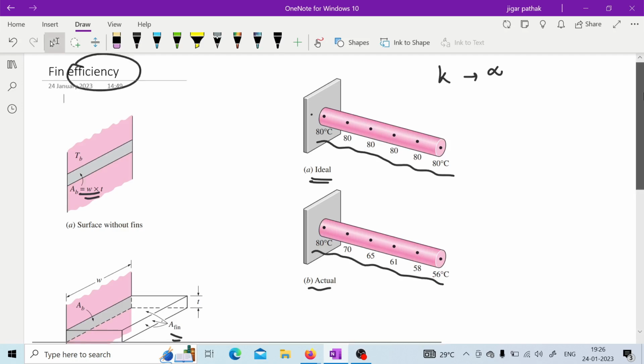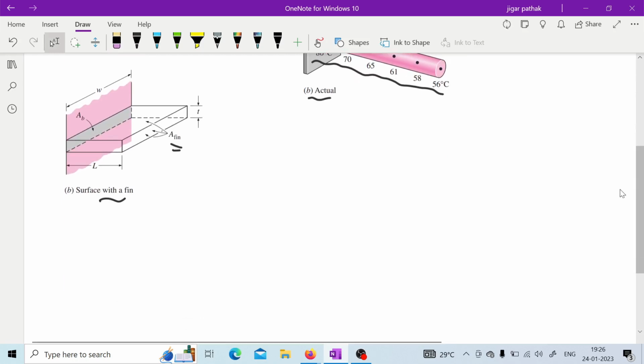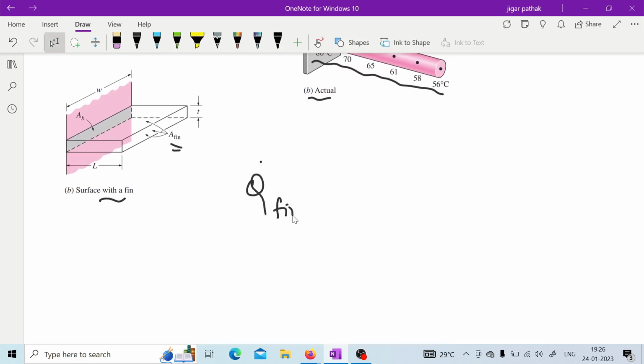Efficiency of fin is defined as follows. First you need the maximum heat transfer rate through a fin, which is given by h into area of fin into base temperature minus atmospheric temperature.